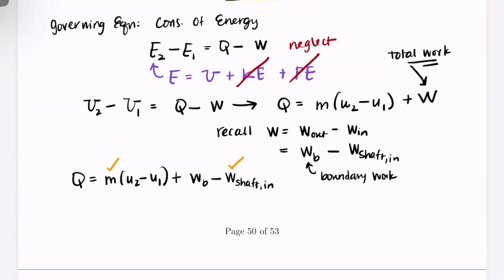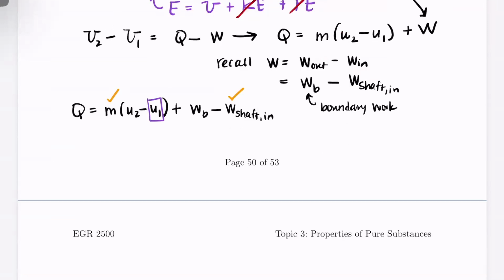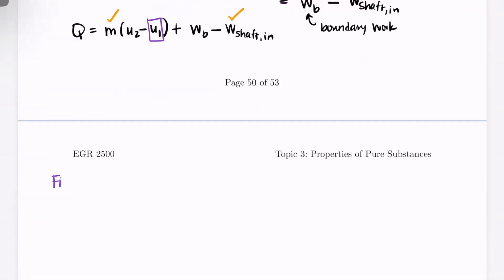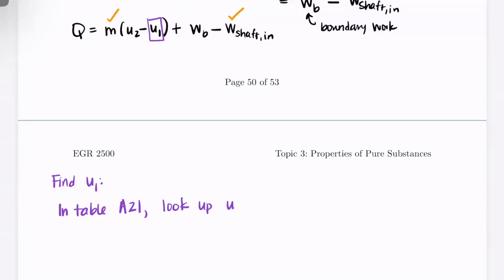All right, so for U1, what we're going to do is we will go to table A21. We will look up internal energy for air at 27 degrees C, which is 300 Kelvin.